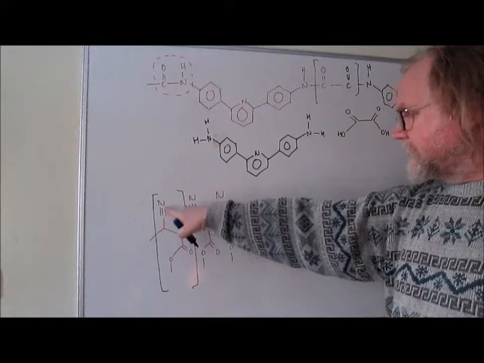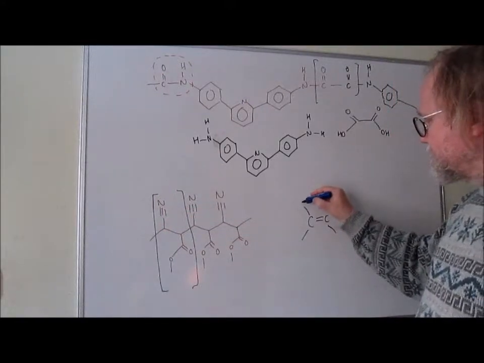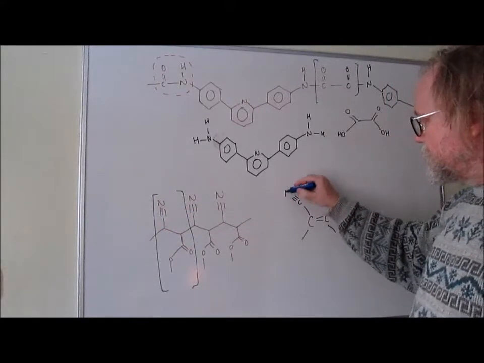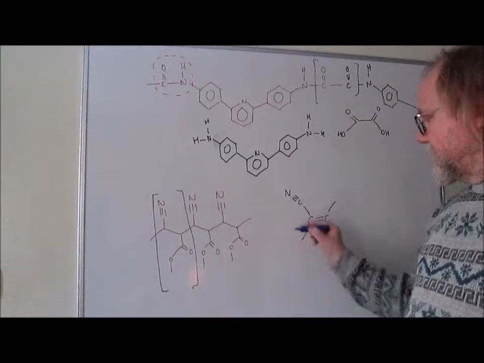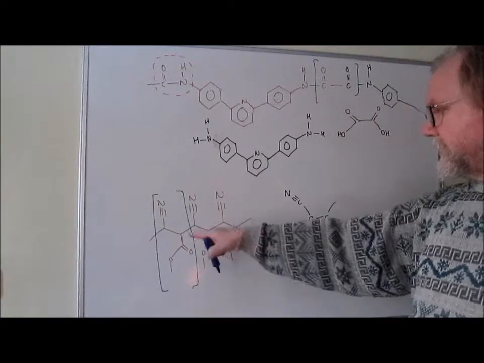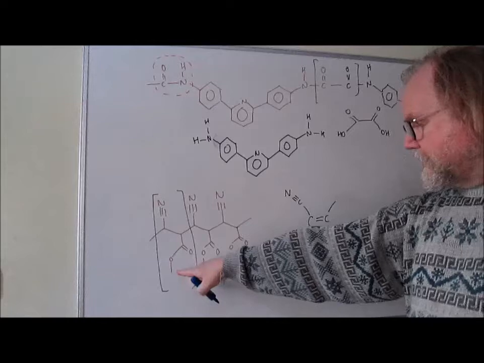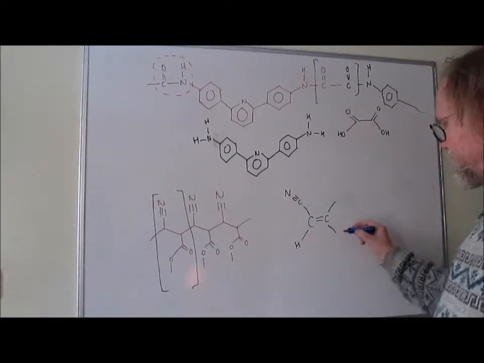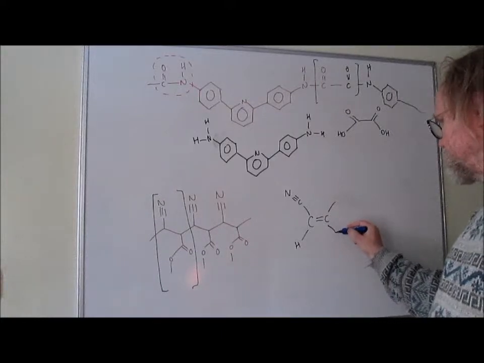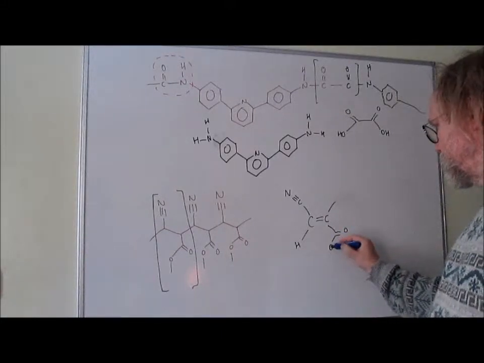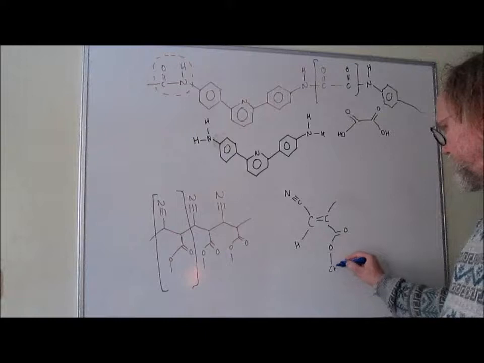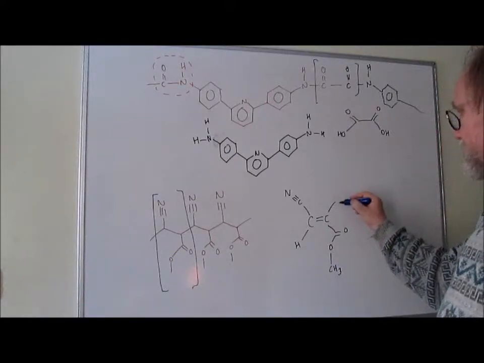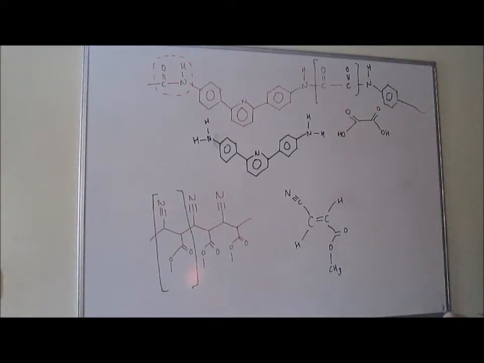So the first carbon has the nitrile group attached to it, which is that, and a hydrogen, and the second one has this ester function here. So you have your COO methyl there, and again a hydrogen here. So that's straightforward as soon as you recognise that it is just an addition polymer.